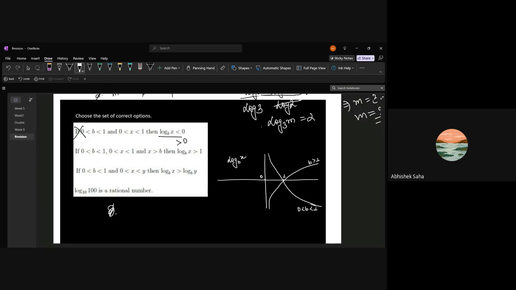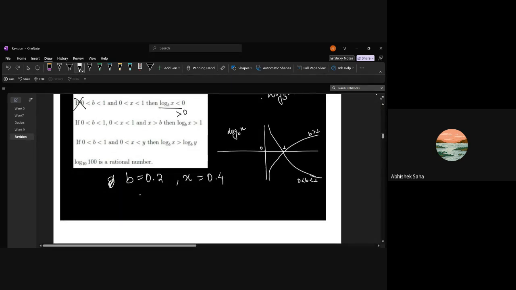Let's take b as 0.2 and x as 0.4. Let's find out: log of 0.4 to the base 0.2.